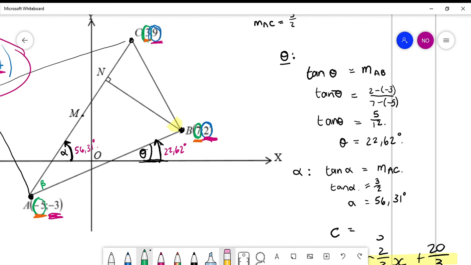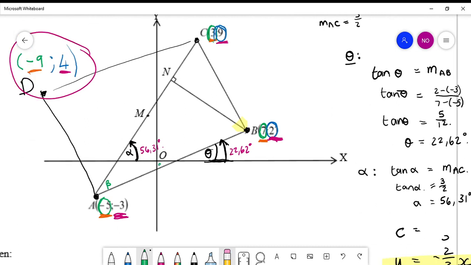Do you guys agree that this angle, oopsie, this angle will be equal to 22,62? Why? Ja! Regoorstaande hoeke, vertically opposite angles. Jy moet jou graad 8 werk ook kan onthou.